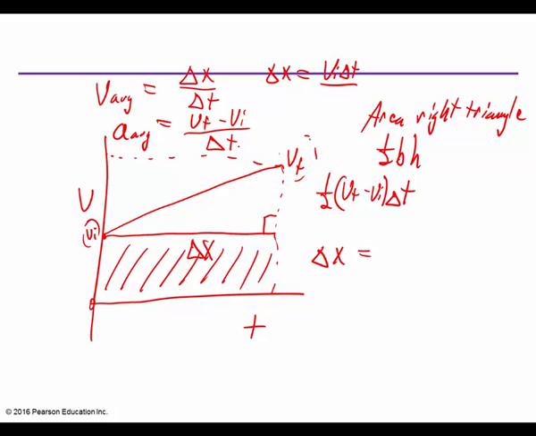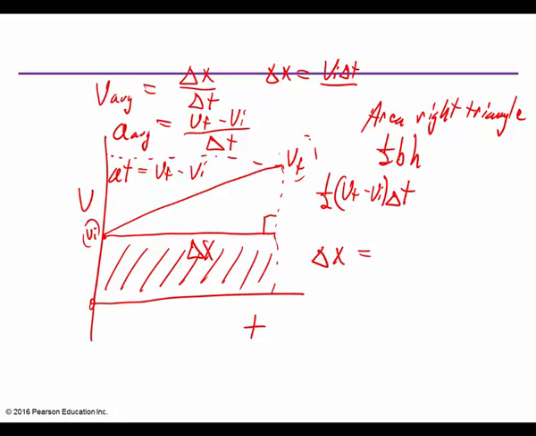And so if we set acceleration times delta T equal to VF minus VI, let me move that. It's kind of getting crammed in there, okay? So acceleration times time would be equal to VF minus VI.